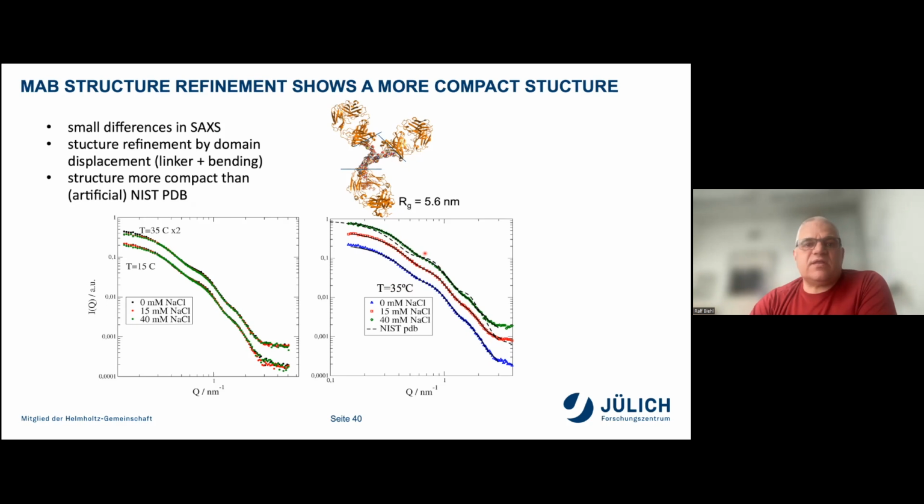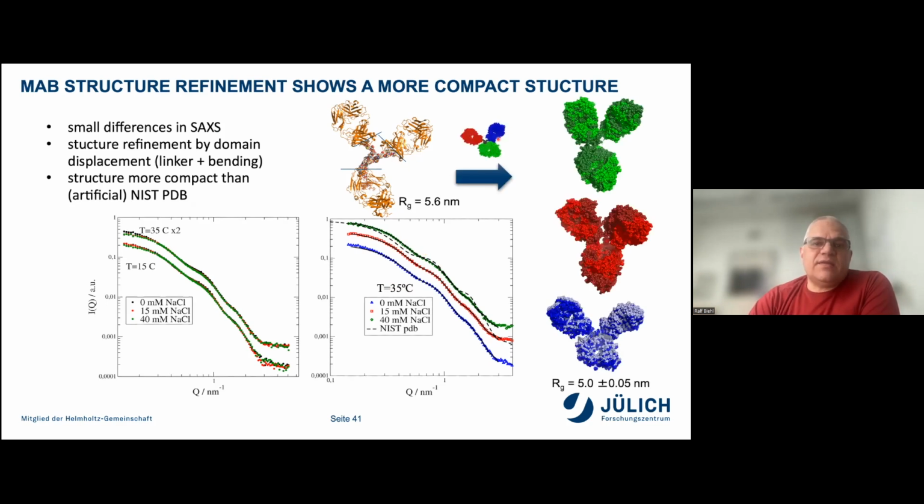What we do now is we try to fit our form factors, and therefore we use some pseudo-normal modes, like it is shown here. We just assume that we have 4 possible motions. That is 2 bending motions, in plane and out of plane. We allow a motion of single domains along the axis to the center of mass, and we allow a shrinkage of the linker region.